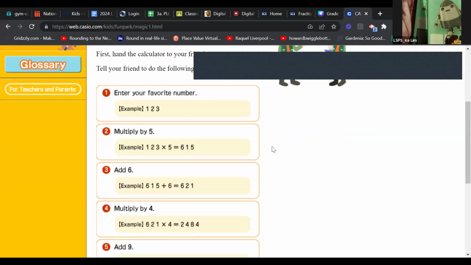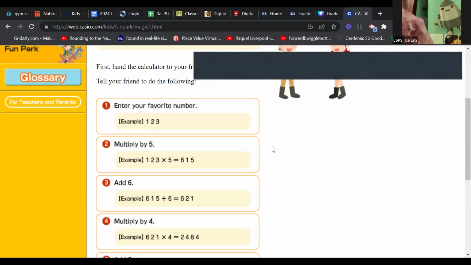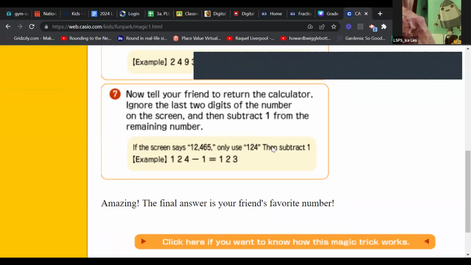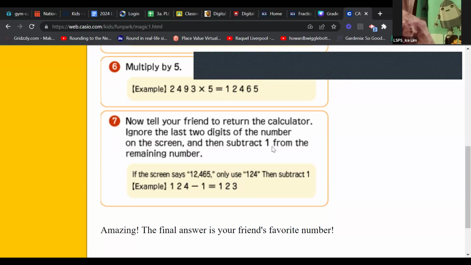So exactly why does this work? Remember the steps, right? This was the steps. And so the trick, how come I can use the trick? I only look at the start. Whatever answer you got yesterday, I just ignore the last two digits and then I subtract one from the remaining number.